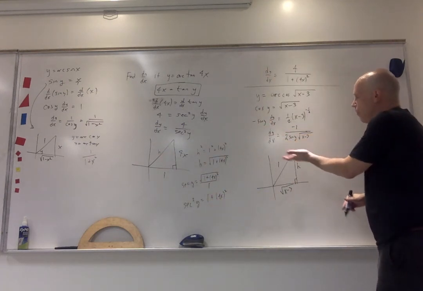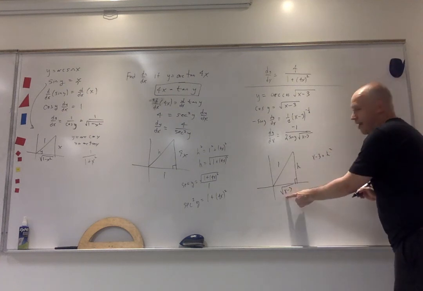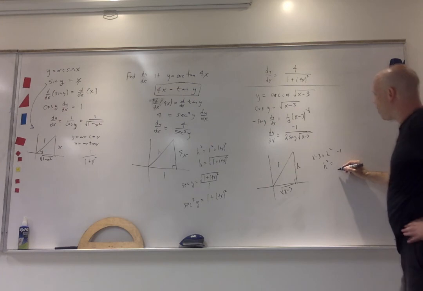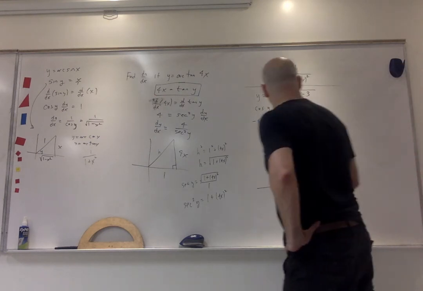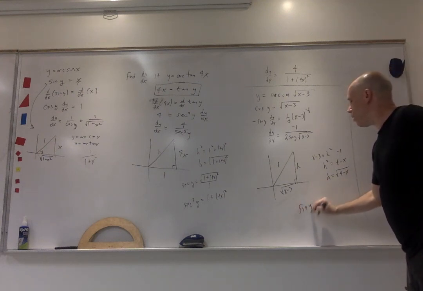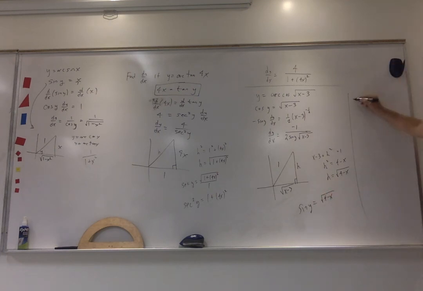So x minus 3 plus h squared equals 1, so h squared equals 4 minus x, and h equals radical 4 minus x. Therefore, the sine of y is equal to radical 4 minus x. Final answer, don't hate me: negative 1 over 2 times radical 4 minus x times radical x minus 3.